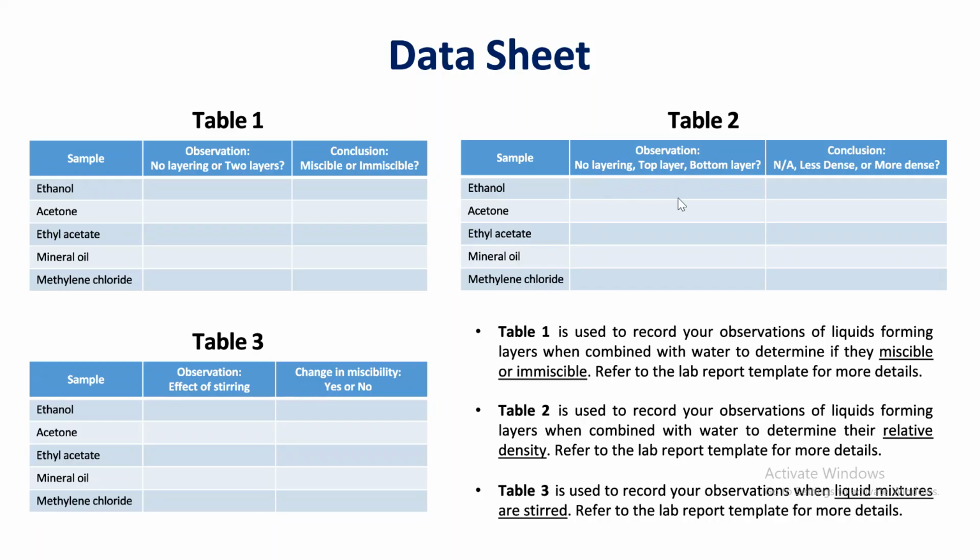If you don't see any layering, you are going to write NA, which means there is no layering, not applicable. And then for table 3, after stirring, we are going to write our observation, and then write, are there any changes in miscibility?